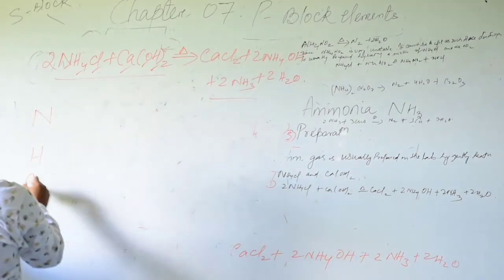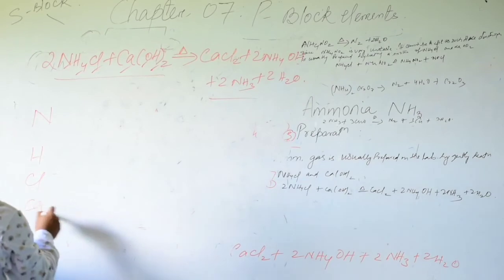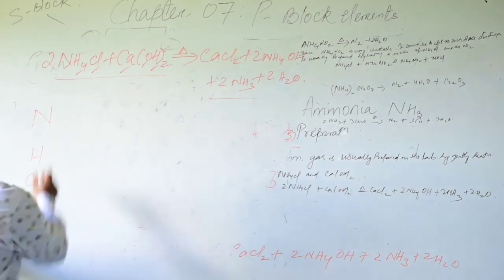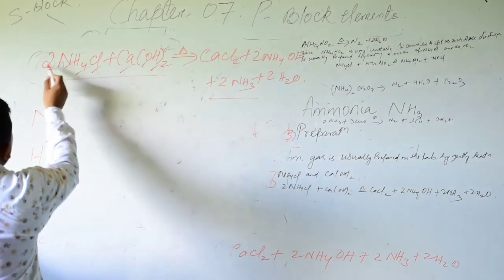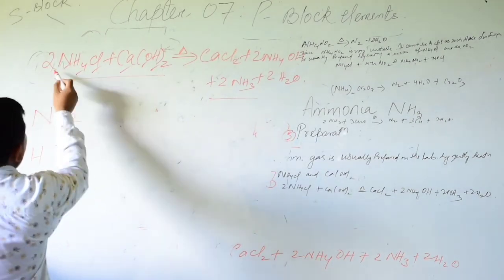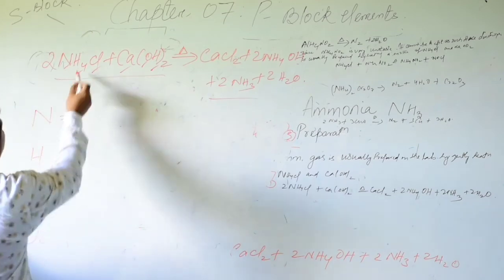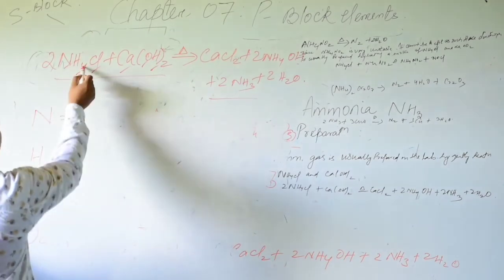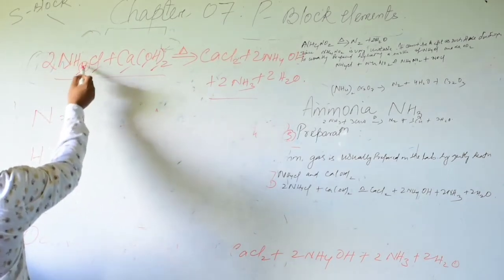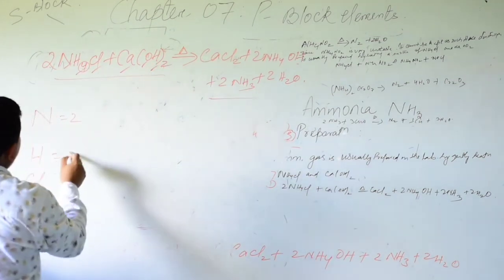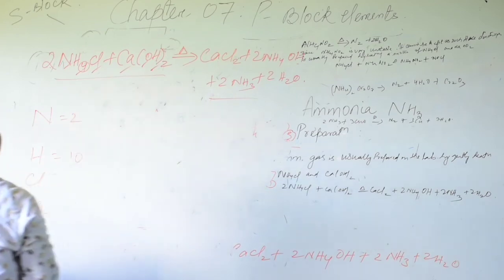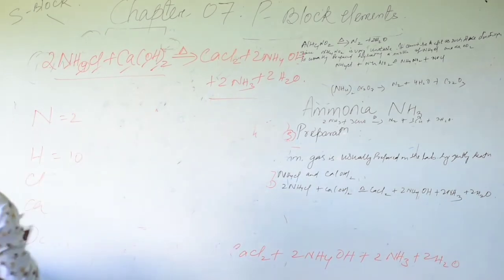So in nitrogen, how many atoms are there? You can see 2. I will write here on the reactant part 2. Then hydrogen 4. 4 into 2 is 8. 8 plus again 2 is 10. Then the hydrogen is 10 on the reactant part.